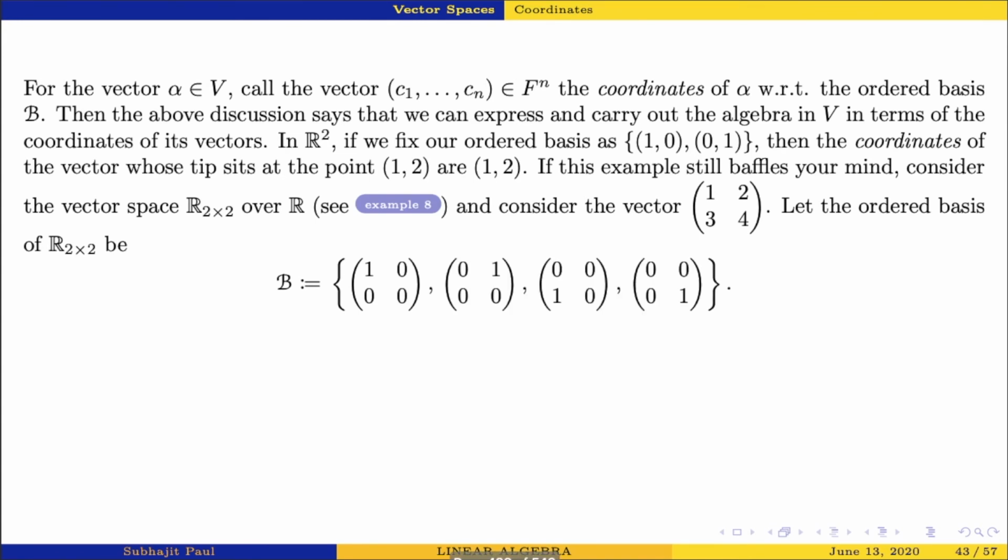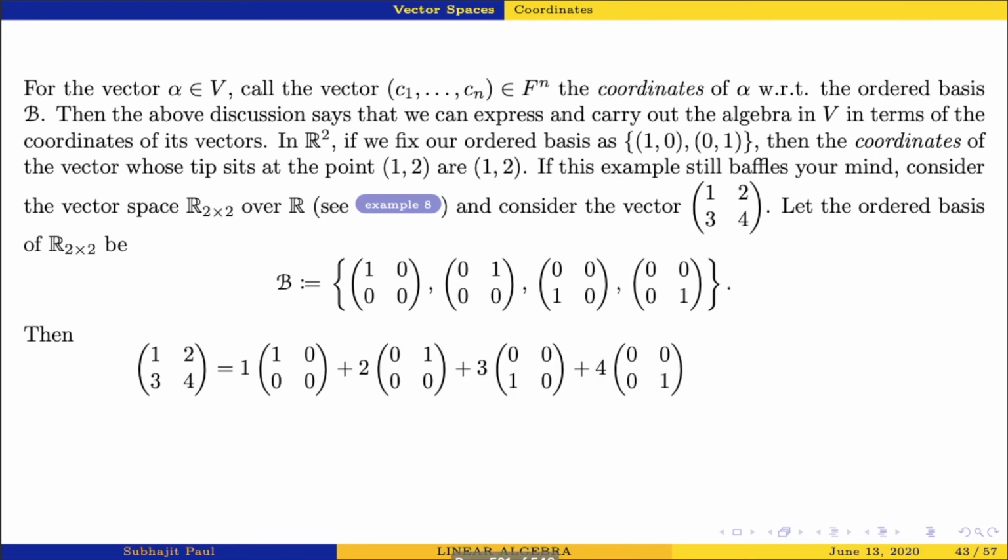This is the standard canonical basis of the vector space R2 cross 2. Then the matrix (1 2; 3 4) can be written as 1 times (1 0; 0 0), 2 times (0 1; 0 0), 3 times (0 0; 1 0), and 4 times the last one (0 0; 0 1).